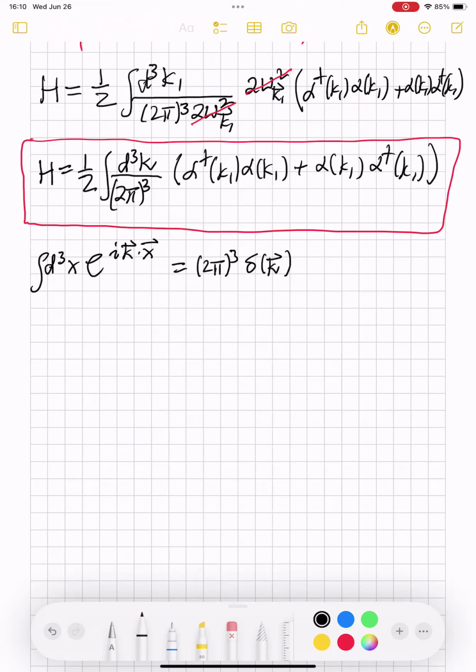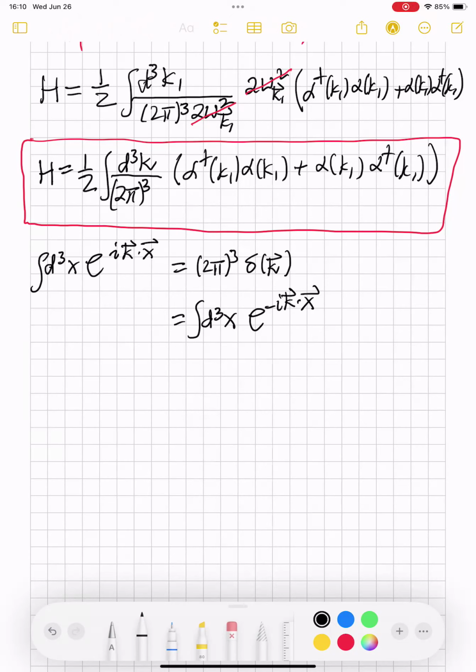And if you complex conjugate this formula, you can easily show that this is also equal to the integral d3x of e to the minus i k dot x. You are going to use that integral formula again and again and again, so please remember it.